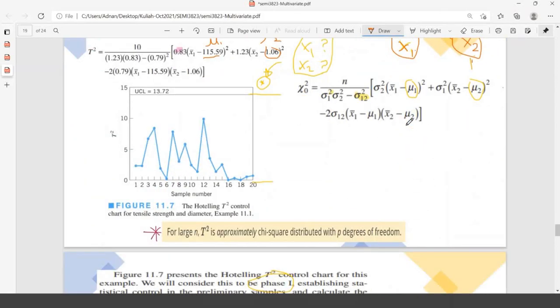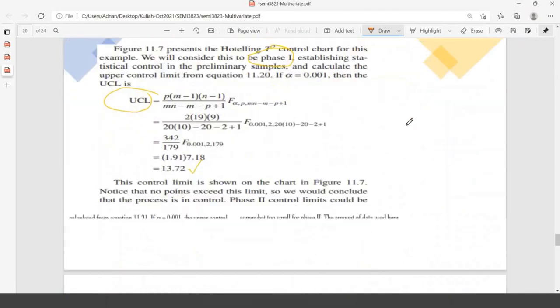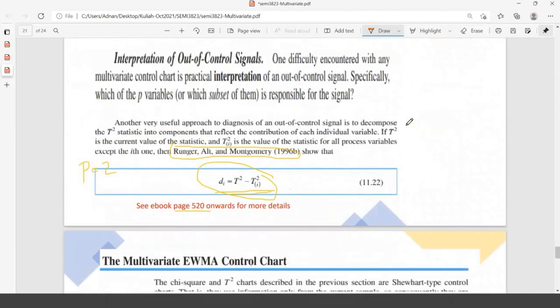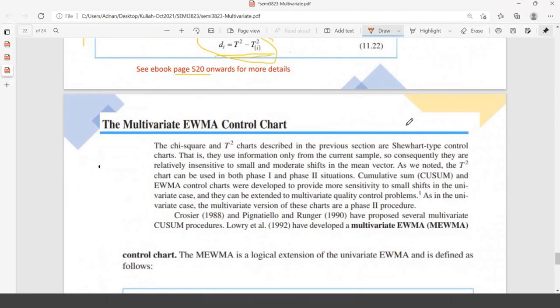Right. There are other methods that have been introduced by scholars. Especially for monitoring small shifts in correlated parameters, we can use multivariate EWMA. Before this, we saw EWMA only for one parameter. But instead of using T-square, we can use multivariate EWMA.